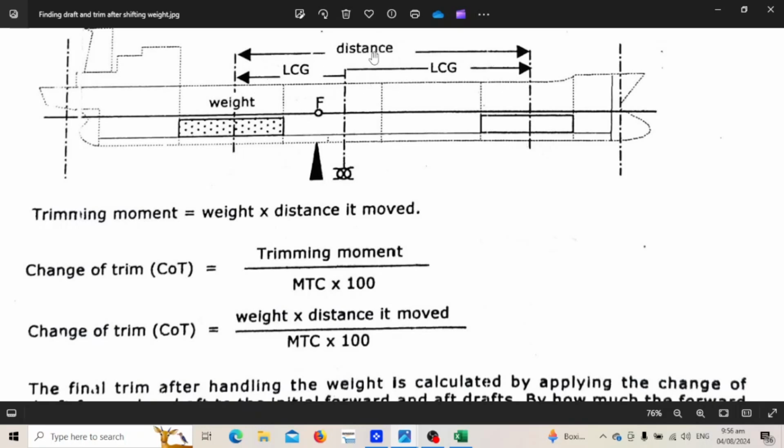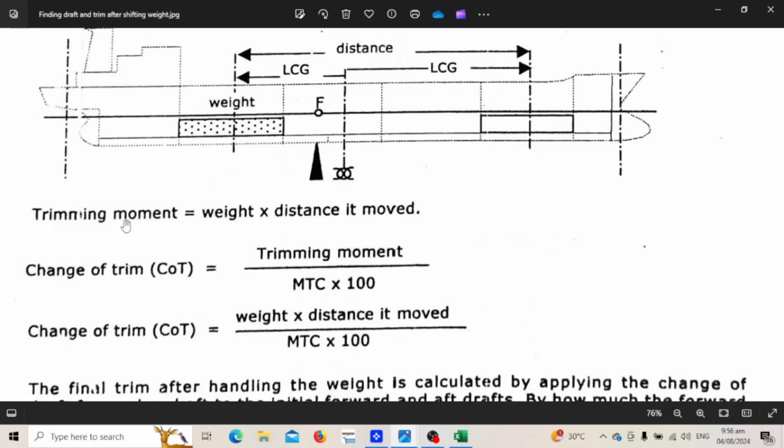So there will be a distance, okay? From the center of hold number 2 going to the center of hold number 1, that will be your distance. And the cargo will also have weight. So trimming moment is the weight times your distance from hold number 2 to hold number 1. That will be your trimming moment.